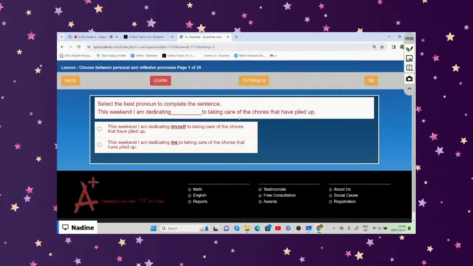So this weekend, I am dedicating myself to taking care of the chores that have piled up, or I'm dedicating me to taking care of the chores that have piled up. So who's basically going to do the chores that have piled up?